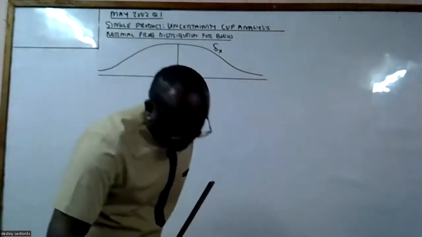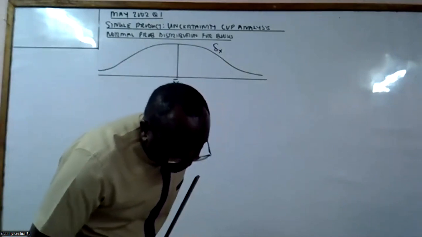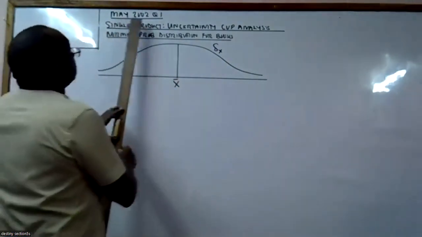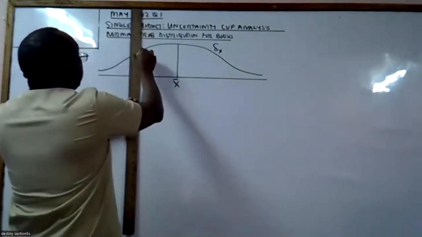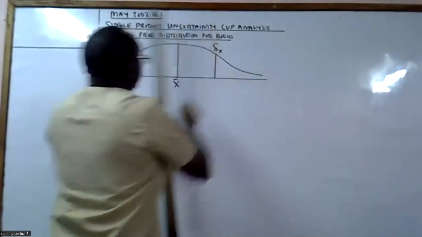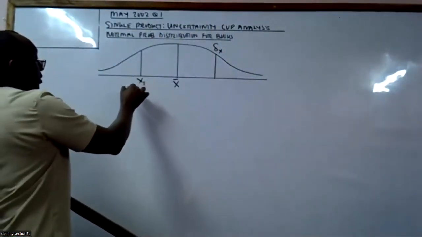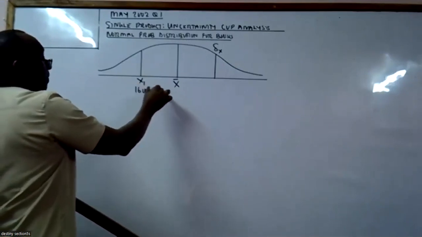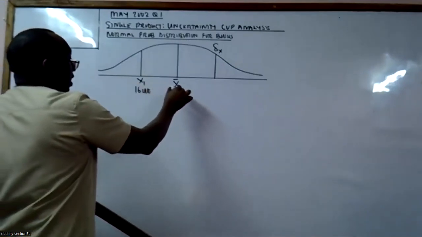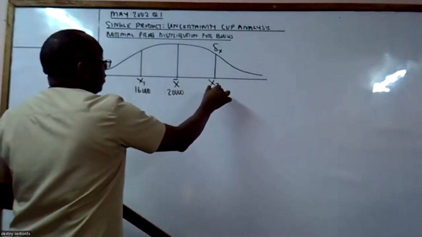So we are told here that these books are expected to be between, so this one we'll call it X1, 16,000. This is 20,000. This is X2, 24,000.